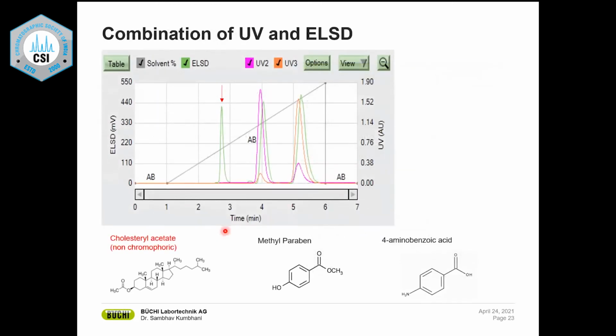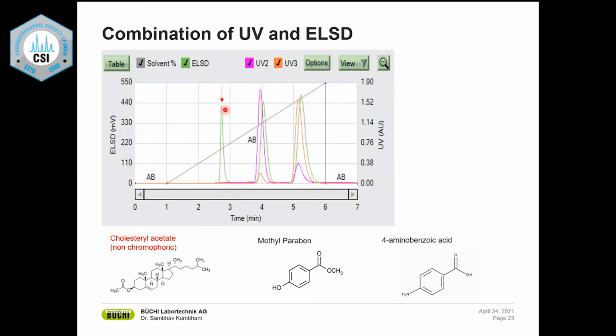And the modern techniques and instruments are now able to use multiple detectors at the same time, and that's the best thing about it. So for example, this chromatogram is a mixture of three compounds. One of them is non-chromophoric and two are chromophoric. And as you can see, in this case, we used both detectors at the same time.